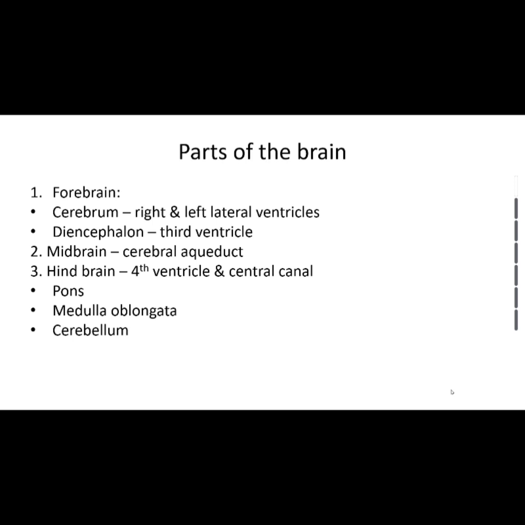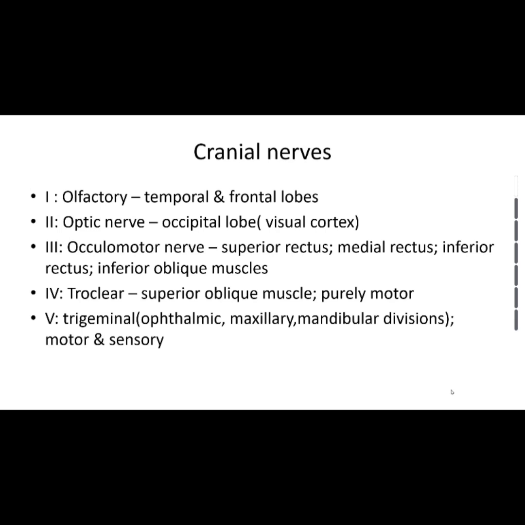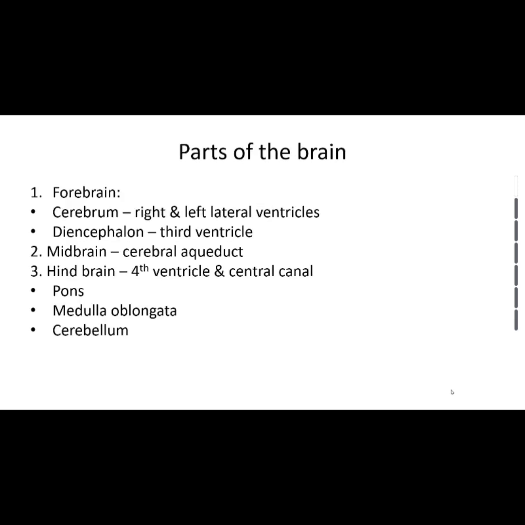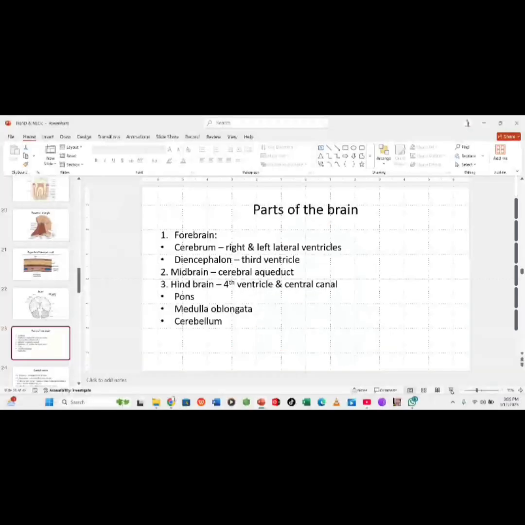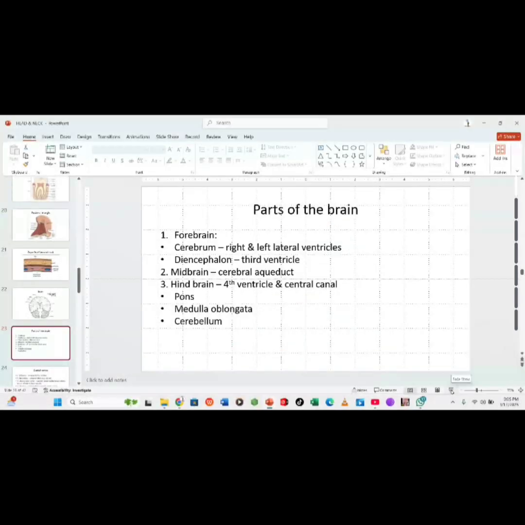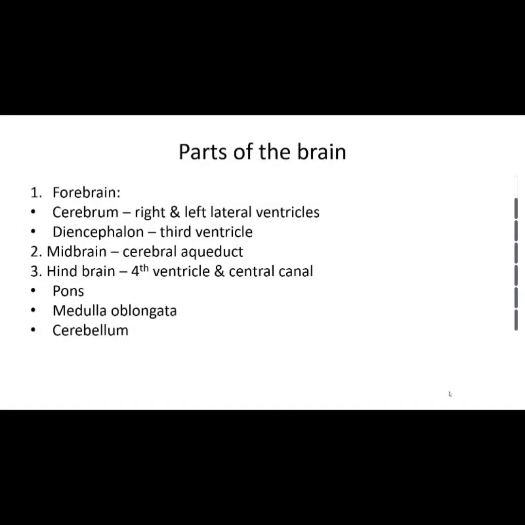In the midbrain, we have the cerebral aqueduct, which connects the third ventricle and the fourth ventricle. In the hindbrain, you have the fourth ventricle and then the central canal, which continues into the spinal cord.